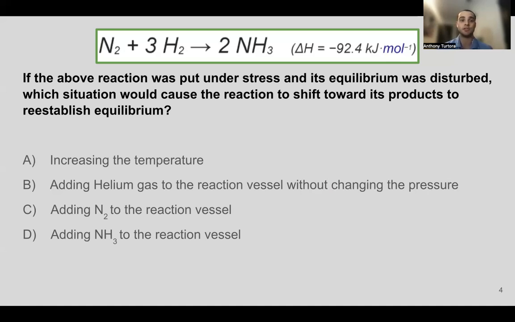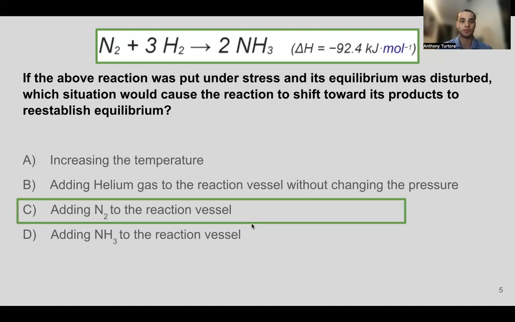If I add N2 to the reaction vessel, then I will shift the reaction towards the products because I'm adding a reactant. If I add NH3, then I will shift the reaction to the left, because I'm adding a product and it will go the other way. So therefore my answer here is C.